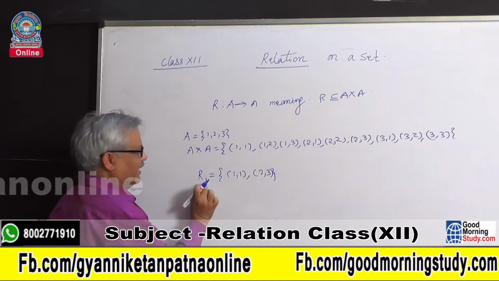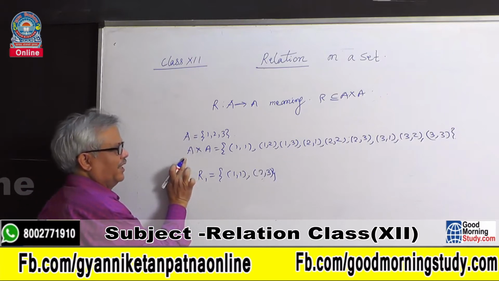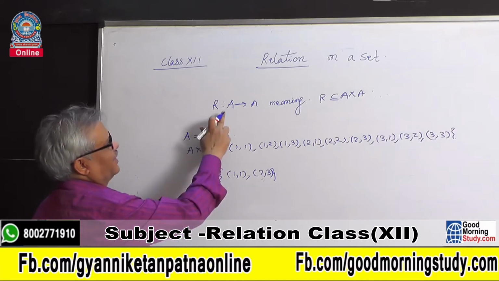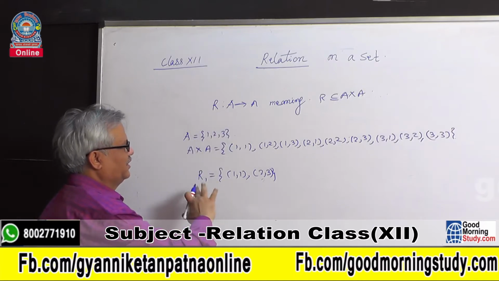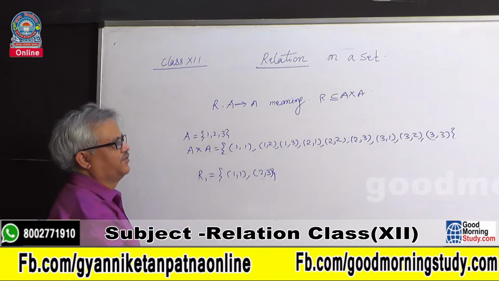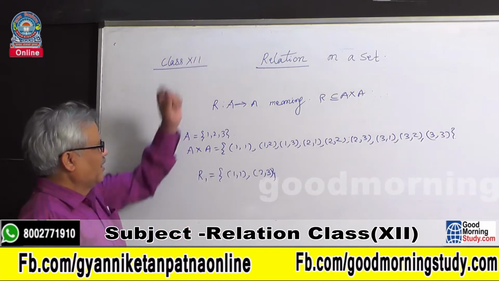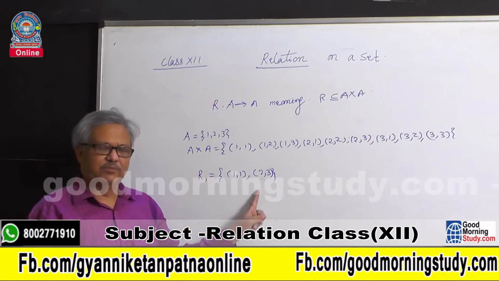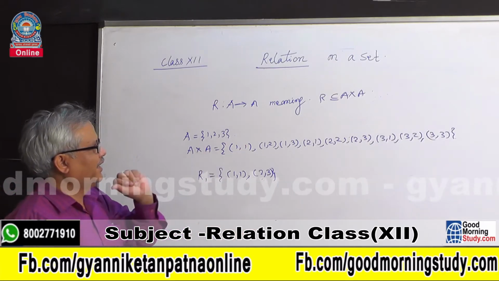So this R1 is a subset of A cross A. So this is a relation defined on the set A to A. In this way, as many different subsets as we can have of A cross A, that many different kinds of relations we can define from the set A to the set A.